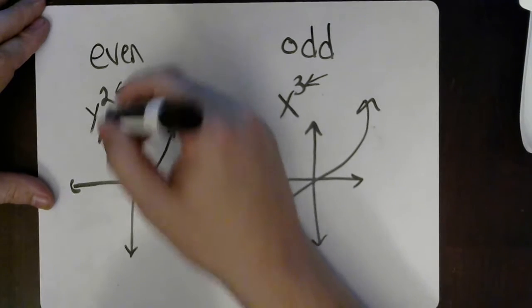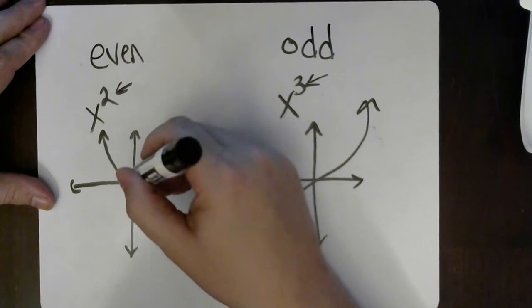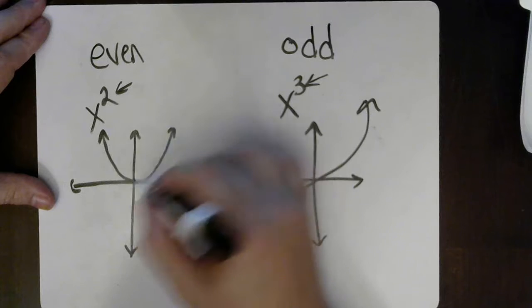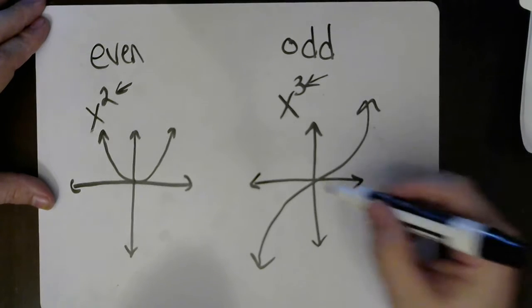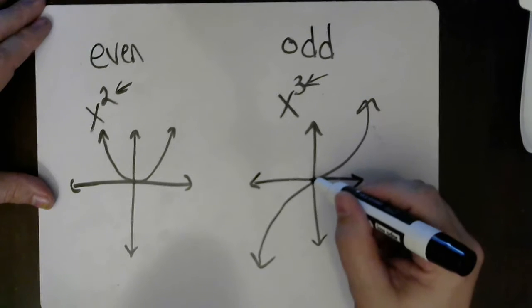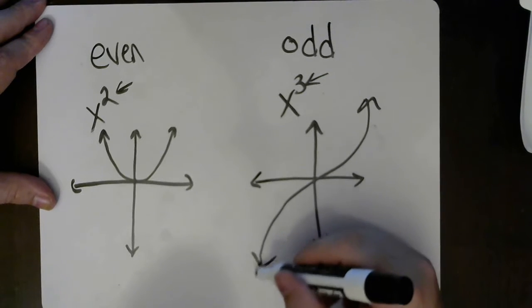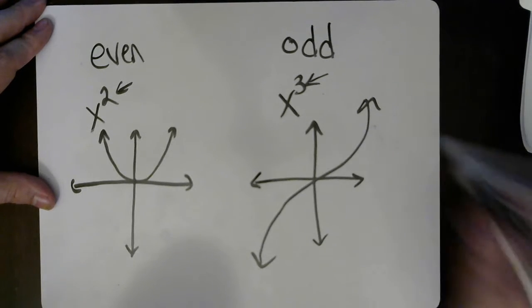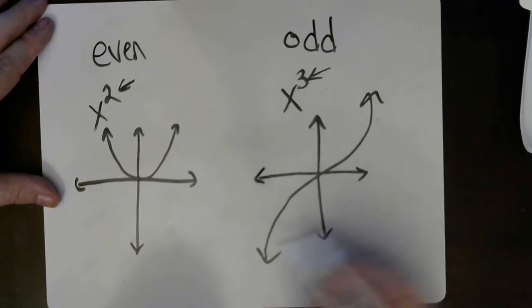So this is what our x squared and x cubed look like. Notice that with x squared, when we start from 0, it goes up in either direction. And with x cubed, when we start from the origin, (0, 0), it goes down as we go to the left and increases as we go to the right. Now let's write some notation.